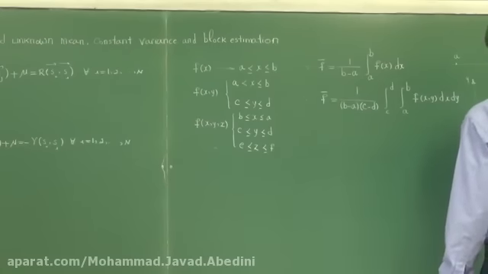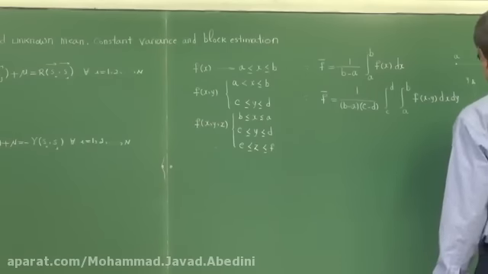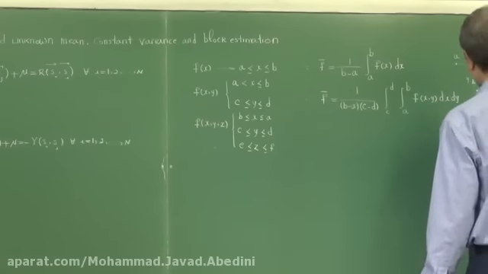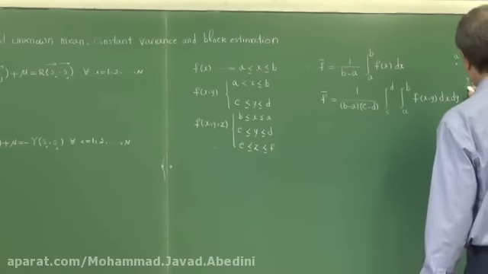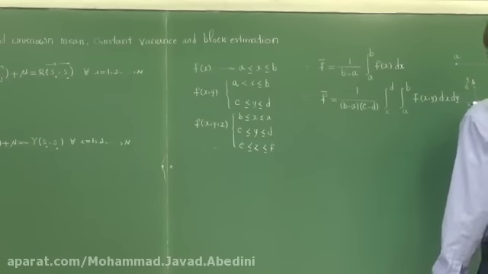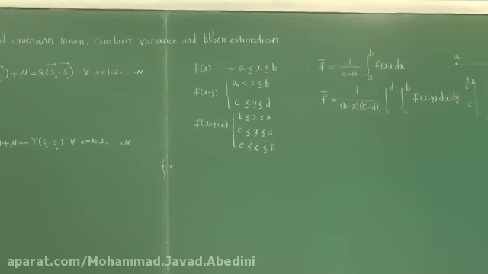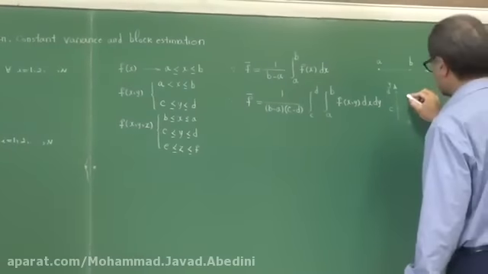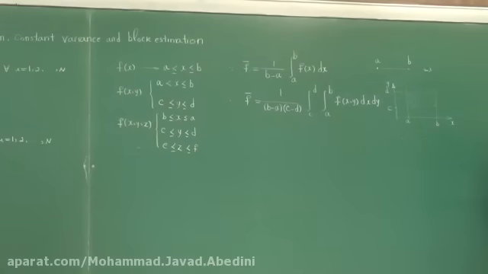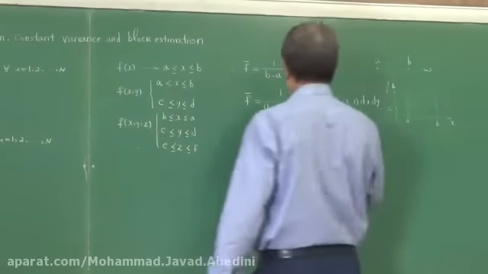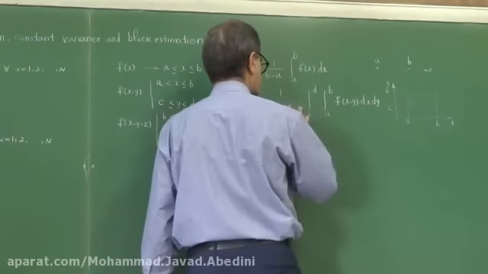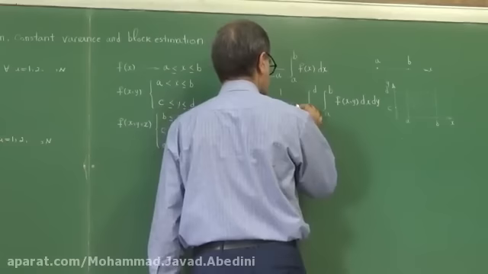From here to here is your variation of x. From here to here is your variation of y. And you are talking about mean value of f over this interval. D minus C.